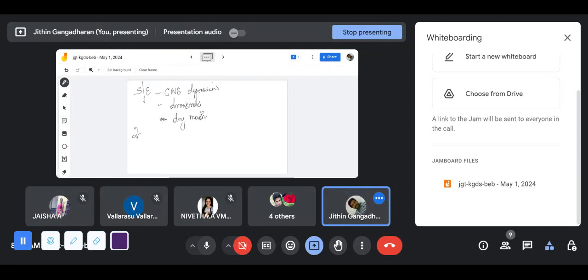Now the second drug is anorexiants. What are anorexiants? What is anorexia? Anorexia is when you don't feel the need for taking food, right? The patient is not taking food. So there are some drugs that cause suppression of the desire for food.